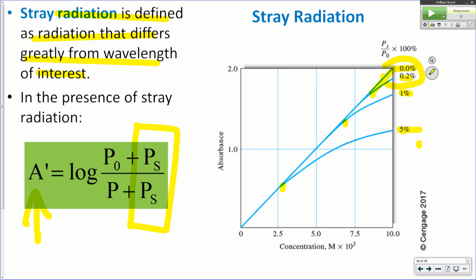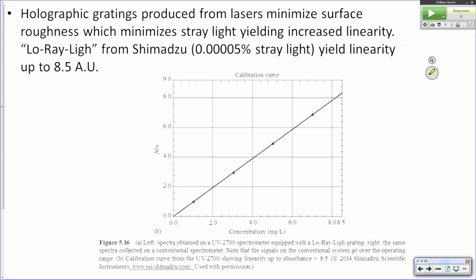Today there's a new technology used to make gratings. The gratings used in the monochromators are now created using holographic gratings, and lasers etch the surface.